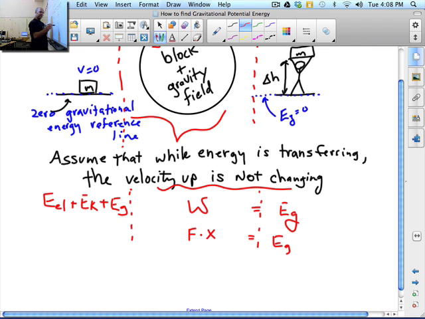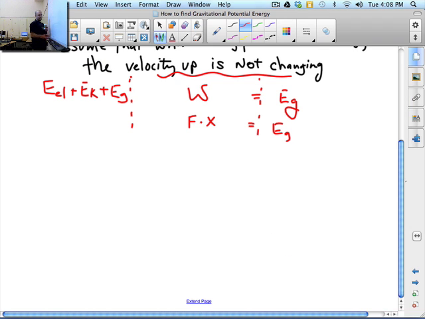Well, when you lift something at constant velocity, the force is going to be mg. That's the weight of the object, and the weight has to equal the force you lift with if the velocity is constant. And the height that you lift it is called h, or delta h, which means change in height.